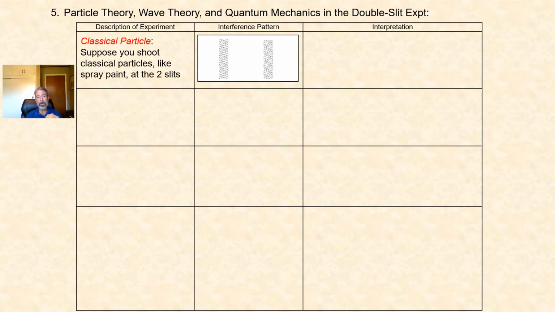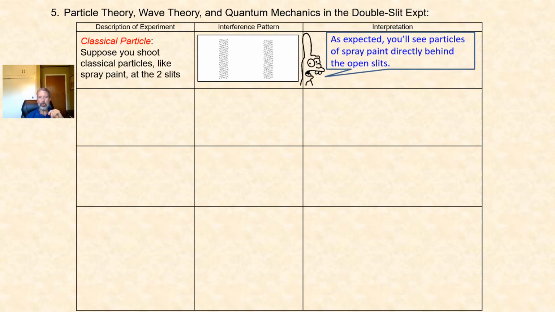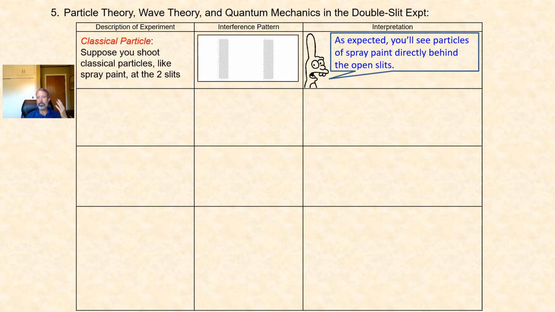Certainly, the further the screen is from the two slits, the greater the divergence, or the wider the pattern will be. Yet those lines you will see on the viewing screen will be directly behind the slit. So, as Bongo will nicely tell us here, as expected, you're going to see particles of spray paint directly behind the open slits.